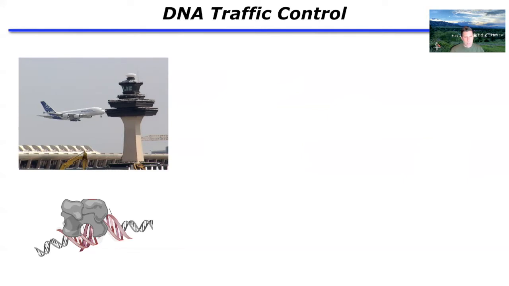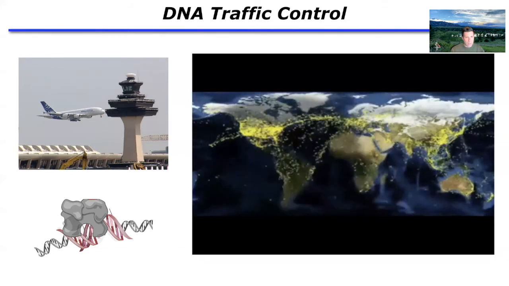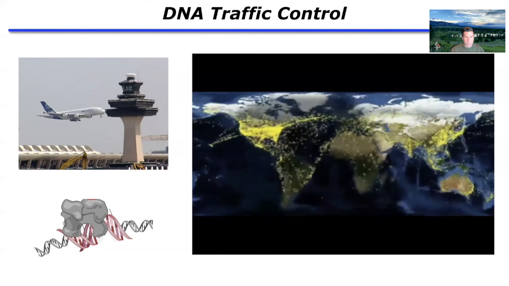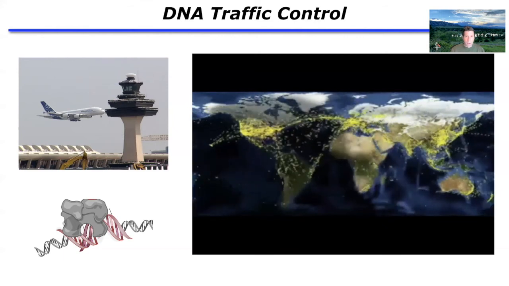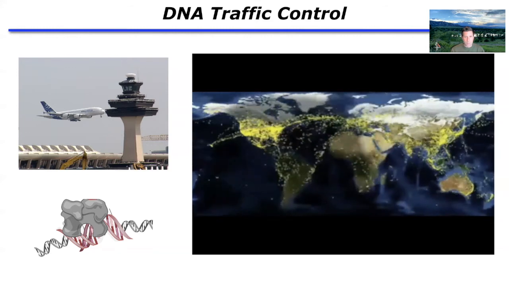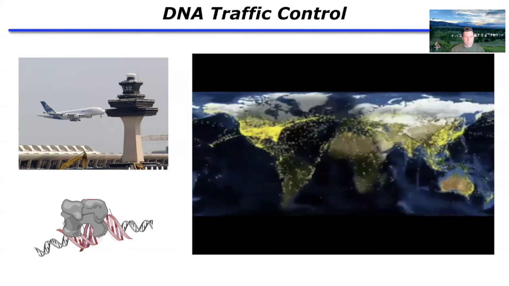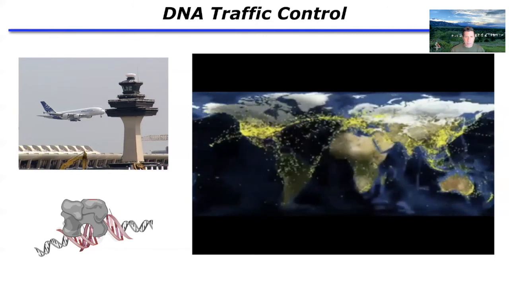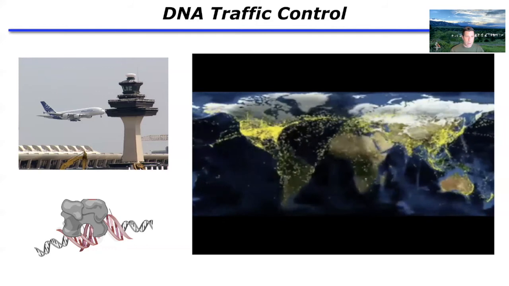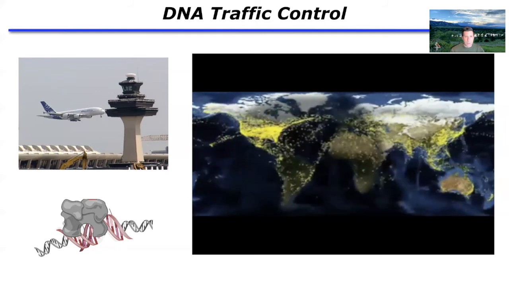The genomic template doesn't know what genes to turn on, but the planes can be guided by DNA sequences that are recognized by these proteins to traffic all the activity in the cell. So you can think of it as there's thousands of planes in the sky and they don't really know where to go, and they need a signal in order to know where to land or to reroute, et cetera. That's really what we're looking at: 460 DNA binding proteins and how they're moving around the genome, how they're rerouted, et cetera, in one cell state.